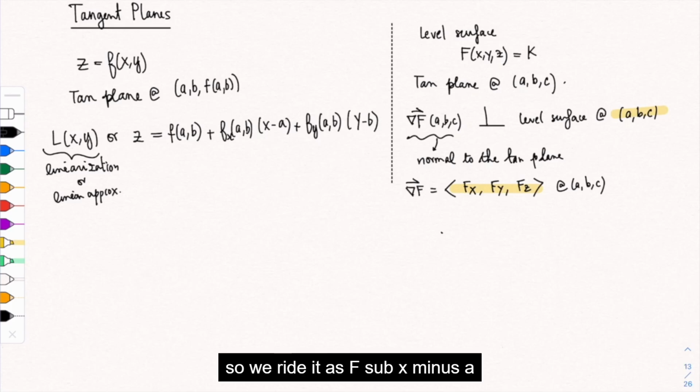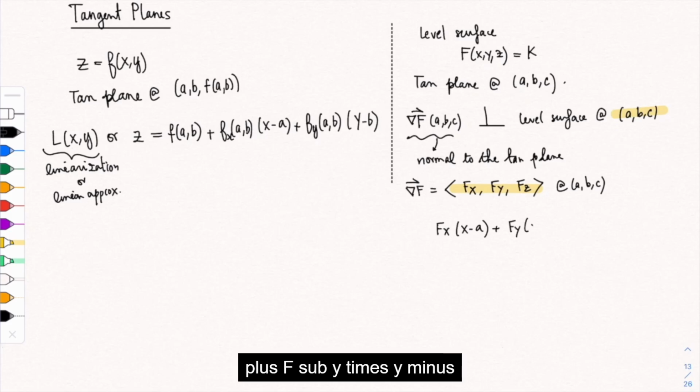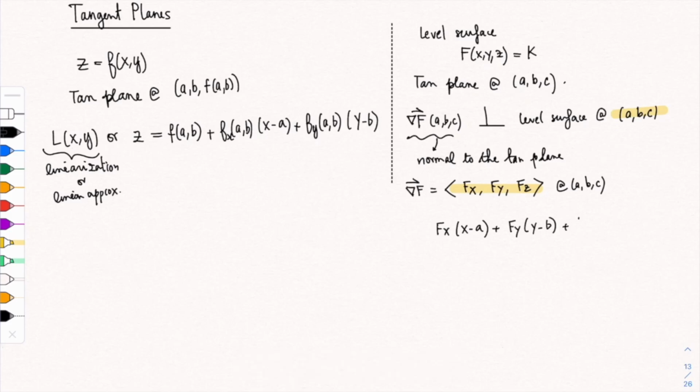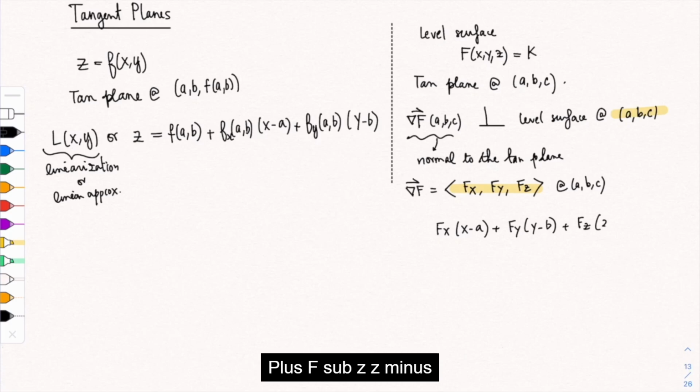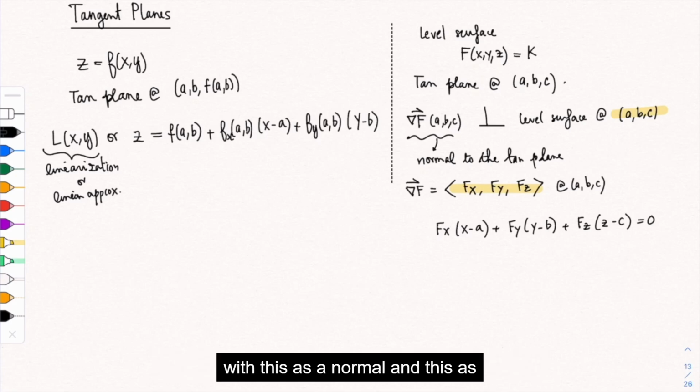We write it as f sub x times (x minus a), plus f sub y times (y minus b), plus f sub z times (z minus c) is equal to 0. And that's how we write the equation of a plane with this as a normal and this as a point.